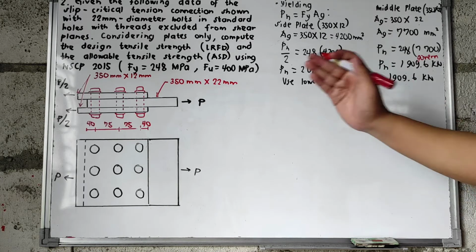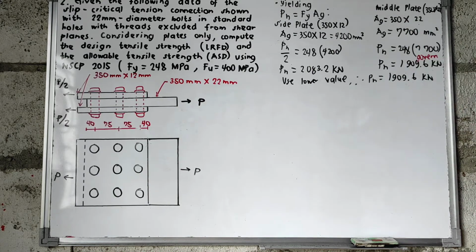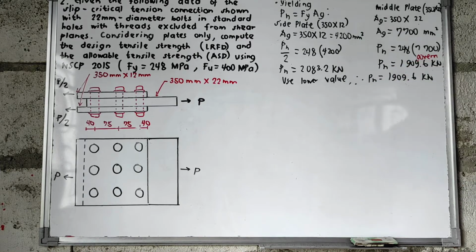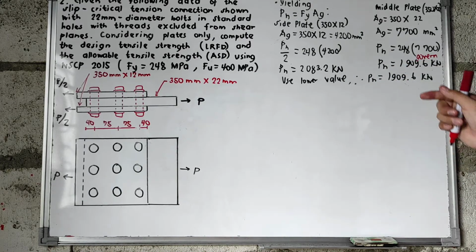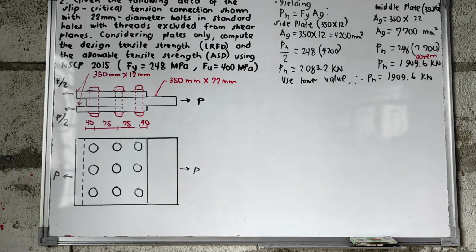Kaso yung kaya ng mga side plate natin is 2,083.2. So yung mag-a-adjust siyempre yung side plate natin, kasi kakayanin niya yung 1,909.6 kasi yung capacity niya is hanggang 2,083.